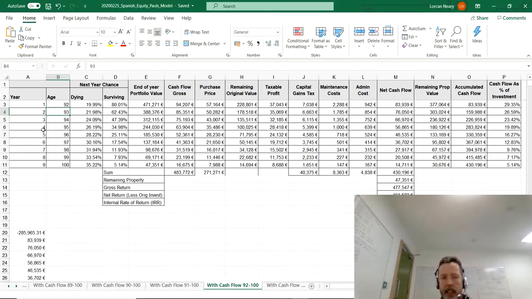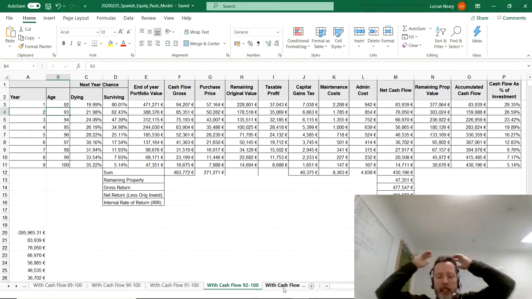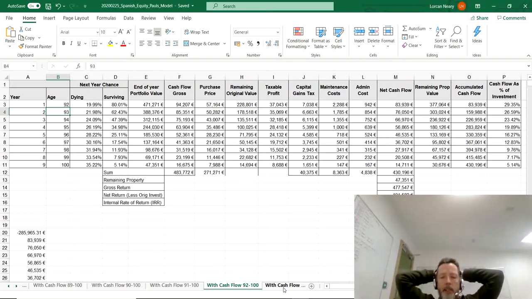This is modeling an 82-year-old joining the program, the likelihood of them living to 100, and the cash flows based upon them dying. This was the starter model. We modeled the effects of what happens to 10 million euros as somebody joins at the age of 82 or 92 or 93, and you see that cash being distributed across the years based on the mortality statistics.